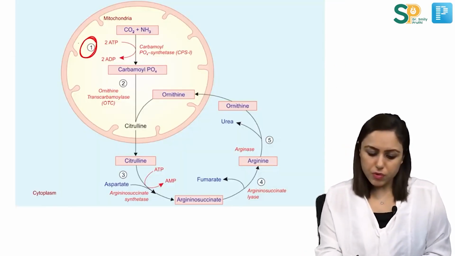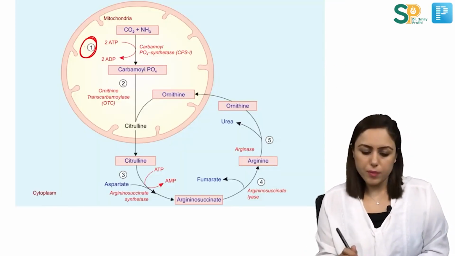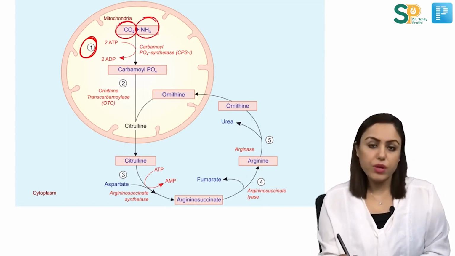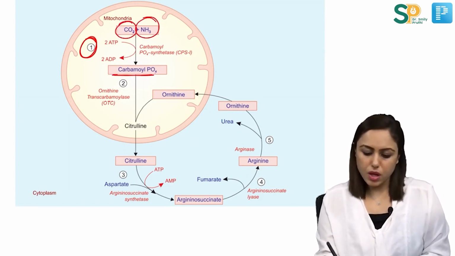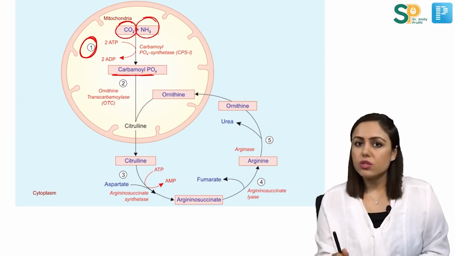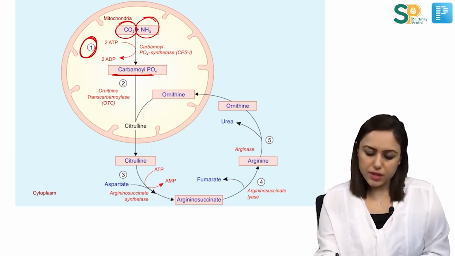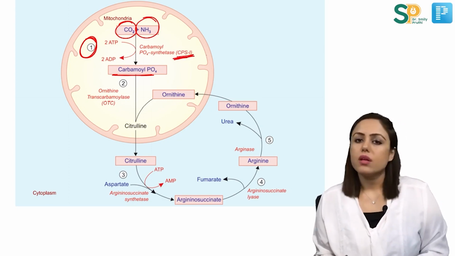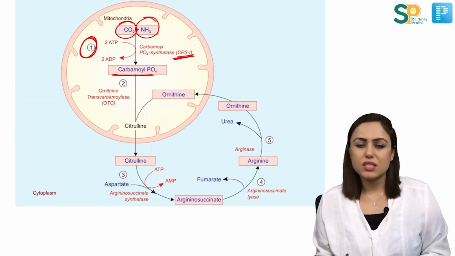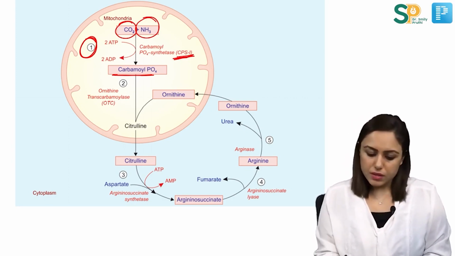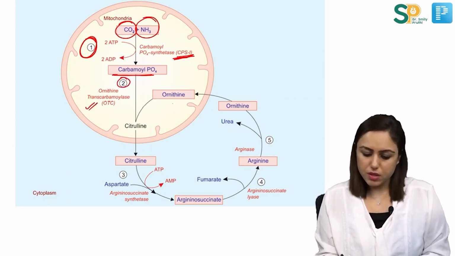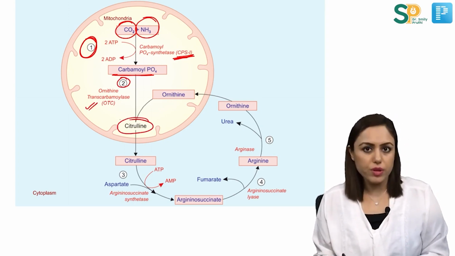So, first step of urea cycle occurs in mitochondria, where carbon dioxide and ammonia combines to make carbamoyl phosphate. Here 2 ATPs are used. Enzyme is CPS1, that is carbamoyl phosphate synthetase 1. Then second enzyme is OTC, where carbamoyl phosphate and ornithine joins to make citrulline.